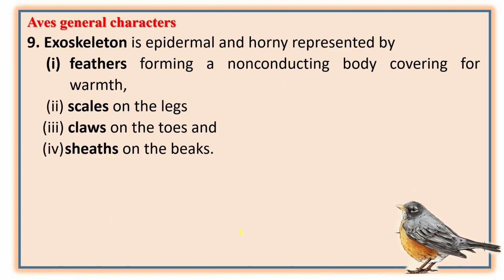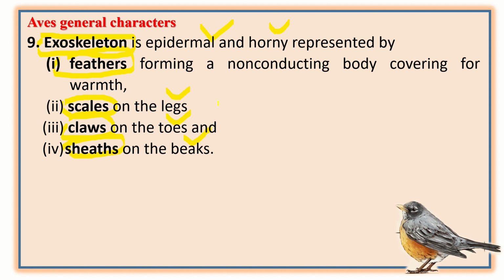Next general character of aves, the birds, is exoskeleton. Exoskeleton, the outer skeleton of the body, is epidermal and horny and represented by feathers, forming a non-conducting body covering for warmth.